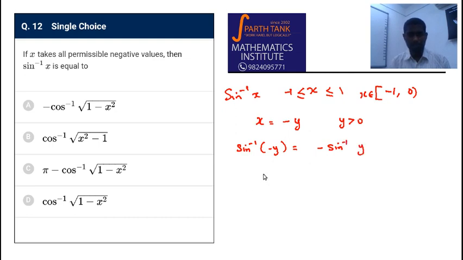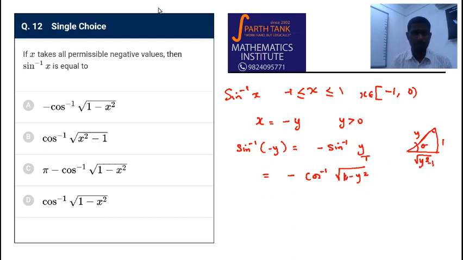Alright. Now sine inverse of y in terms of cos inverse becomes square root of 1 minus y squared, because you can consider this as a triangle. Sine theta is y upon 1. So y is the opposite, this is the hypotenuse, so this is y squared minus 1.